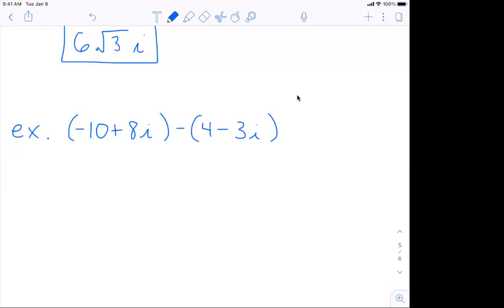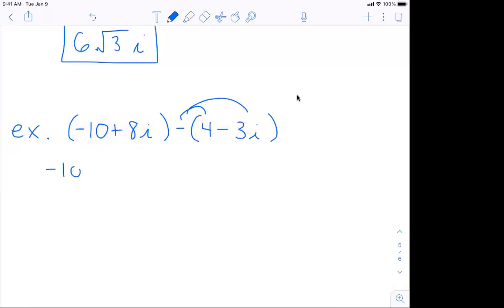All we want to do is match up like terms. We're just adding like terms. So like this and this are not like terms, but this 8i and this are like terms, and this are like terms. So I'm going to distribute the negative before I do anything.